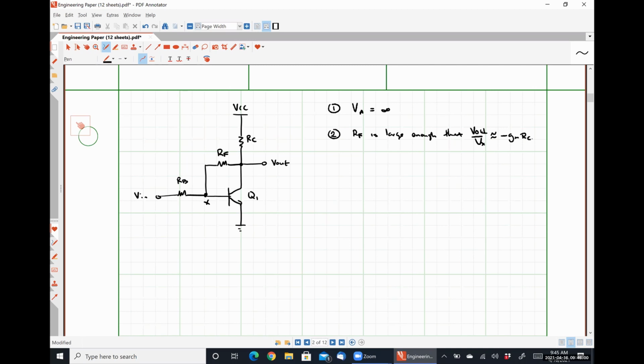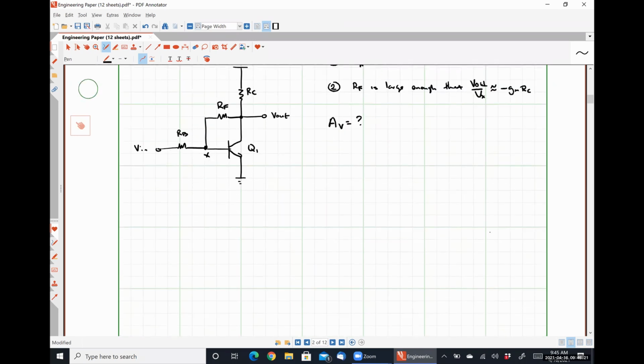So our goal is to find Av, the relationship between V out and Vin, okay? So I can use Miller's theorem and split this resistor RF up into two resistances, right? So let me show you exactly what I am talking about here.